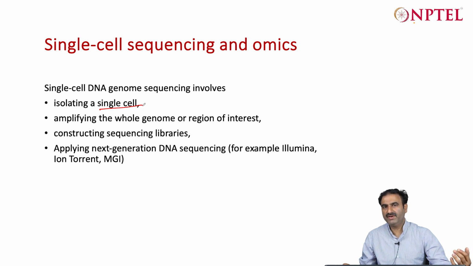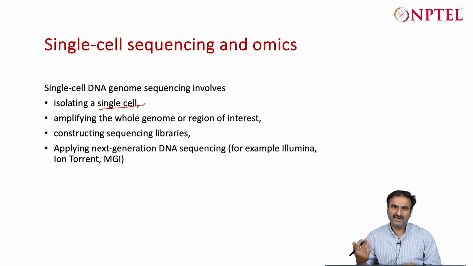So one round of amplification is needed, but before that there have to be strategies to isolate that single cell quickly in its native state if possible, and then extract all the contents in a space so that there is no contamination, and then put the conditions for amplification by PCR, or first for the RNA conversion to cDNA and then amplification, so that you have a sufficient amount of DNA for further analysis.